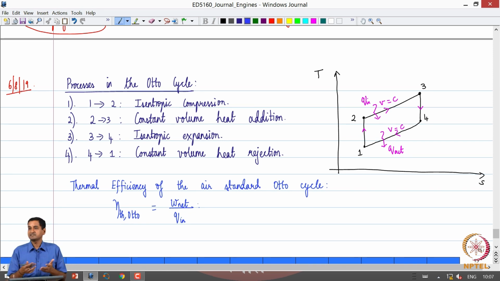So efficiency is like output by input. In this case, the output is the net work output of the Otto cycle, and the input is the heat input which we have given.